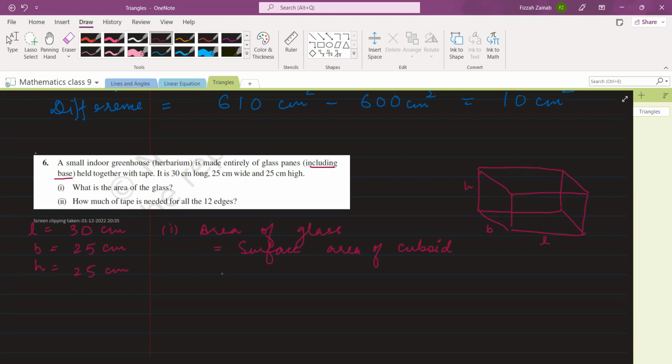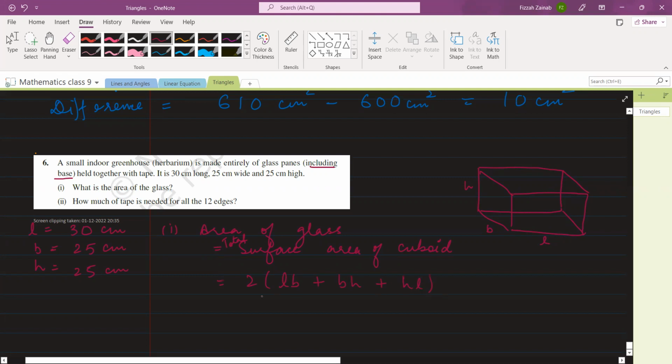And when we write lateral surface, then we mention lateral surface. That means we are avoiding the base and the top. So here surface area means total surface area of the cuboid, which is equal to 2 into (LB plus BH plus HL).